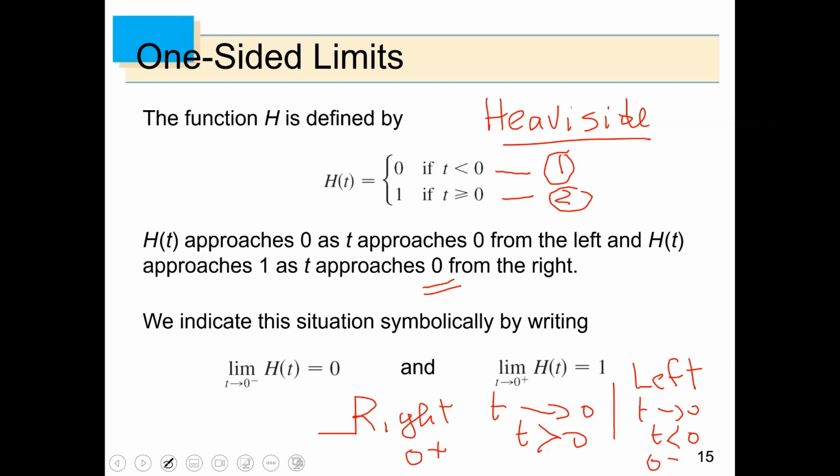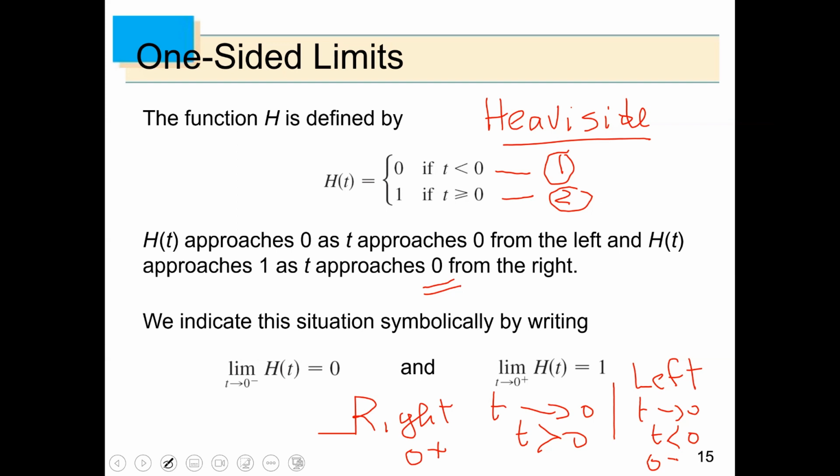So these are the one-sided limits, plus and minus. And now what's the difference in terms of limit? By the way, the one-sided limits exist all the time. So if you look at the right limit and the left limit separately, they exist.